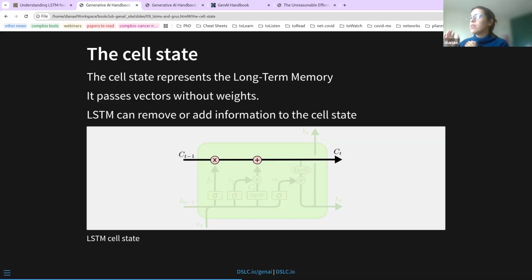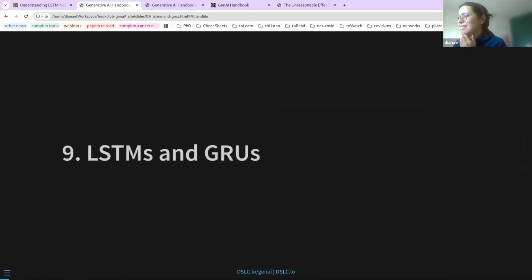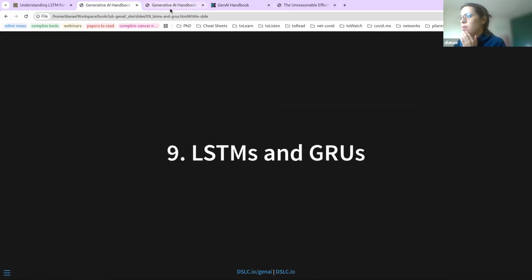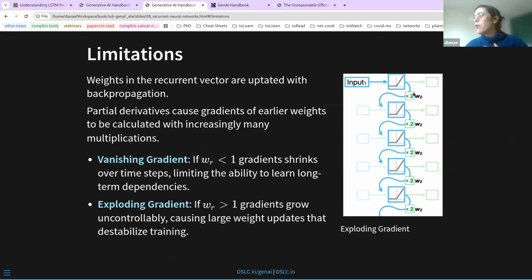And it is not only that, because in the other case the weight was the same for the entire chain.